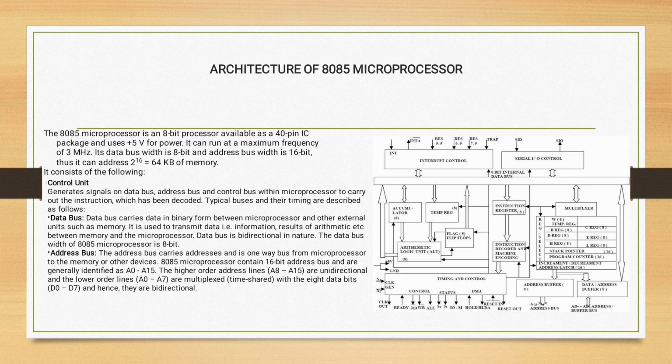So now, what is the accumulator? The accumulator is an 8-bit register associated with the ALU. If we see this diagram carefully, we can conclude that the accumulator is connected with the ALU, which is known as the arithmetical and logical unit.